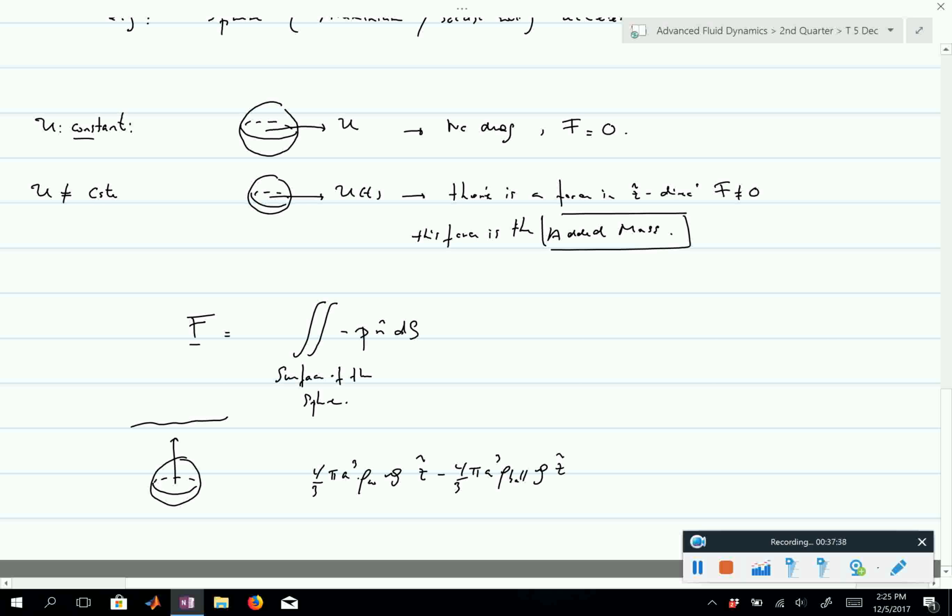Now, is any of these a fluid force? What kind of force is that? Where is this applied? Is one a bulk force, or are these surface forces?